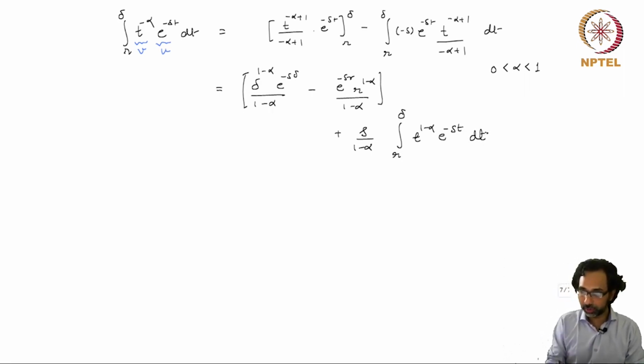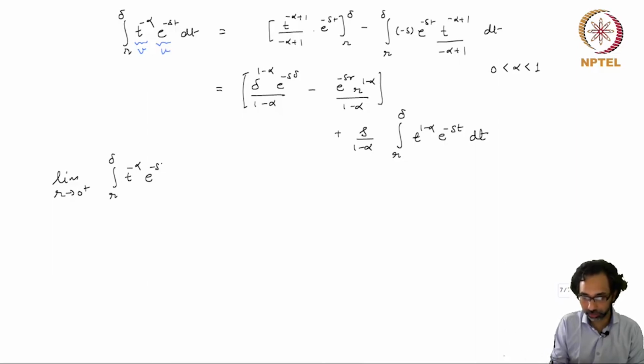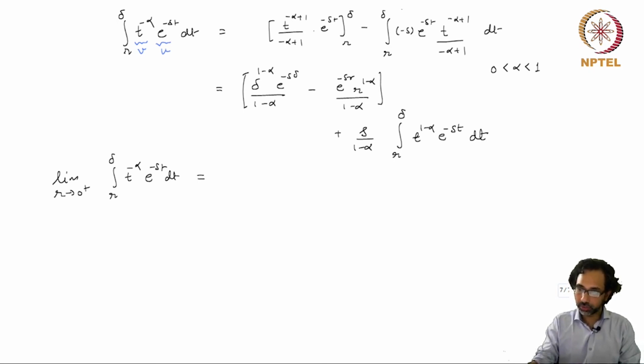So now we would like to take the limits on both sides. The limit as r tends to 0 plus of the integral r to delta of t to the power minus alpha exponential minus st dt is equal to, so this first term does not have any r, this is a finite value, so the limit does not change this factor. So we have delta to the power 1 minus alpha e to the minus s delta by 1 minus alpha.